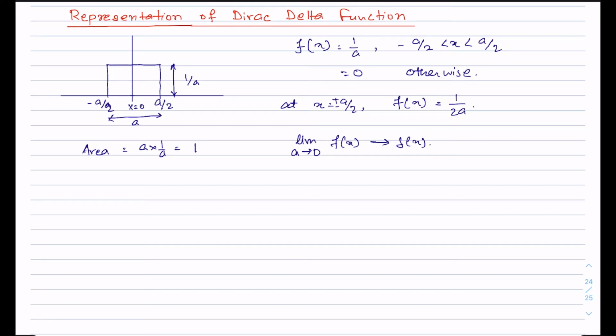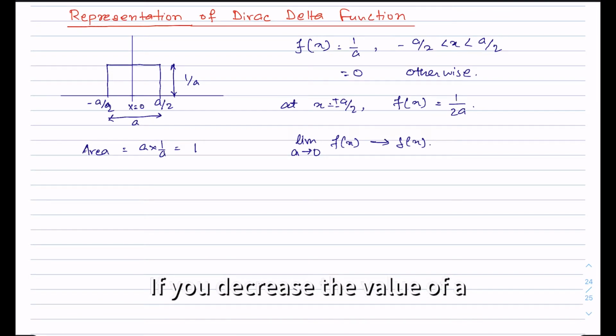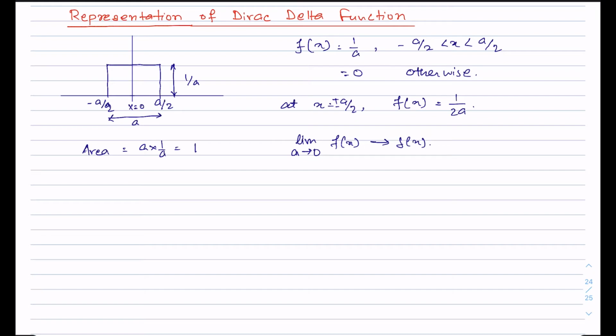Why so? If you decrease the value of a, you will see that the width of the base will decrease, and the height will increase in such a way that the area under the curve remains unity. If you further decrease the value of a, the width will decrease further, but the height will increase.